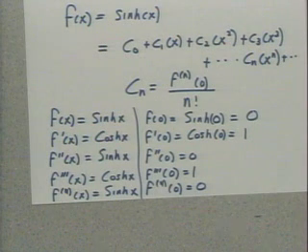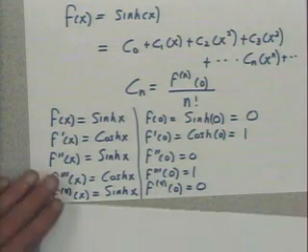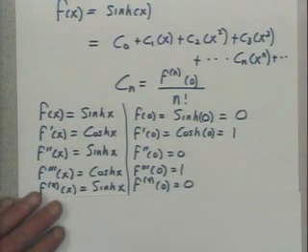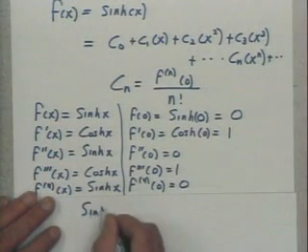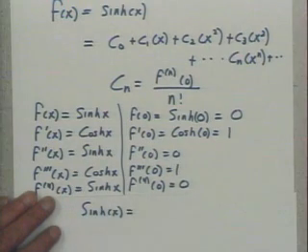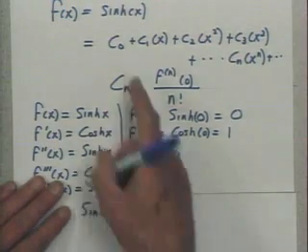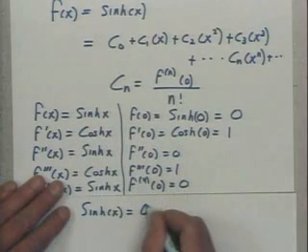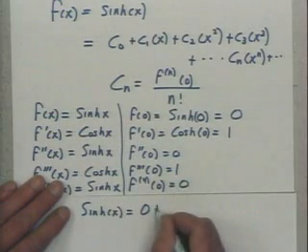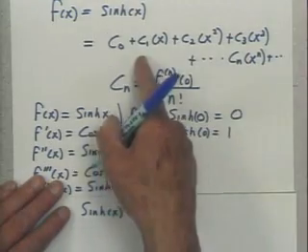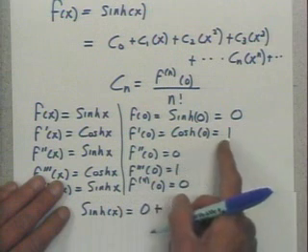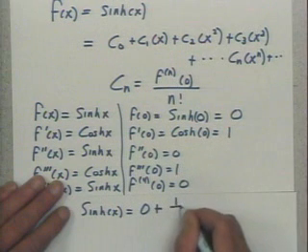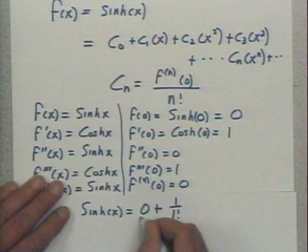Okay, we now start writing out that series now that we know what the coefficients are. So I claim, therefore, that sinh of x is like taking C0 is 0 plus what's C1? Well, C1 is 1. And you got to divide by 1 factorial.